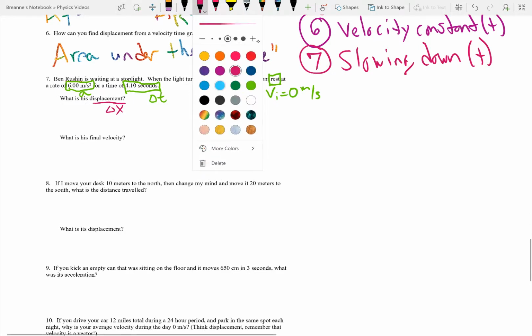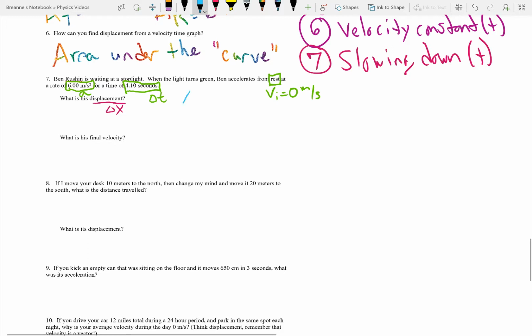So we write down our third equation. Your change in position equals initial velocity times delta t plus 1/2 a delta t squared. I get this question a lot: that squared only goes to the delta t. It's the only time that squared goes to the delta t. We plug in what we have. We're looking for our displacement.